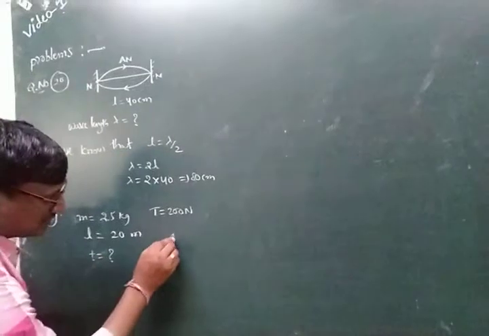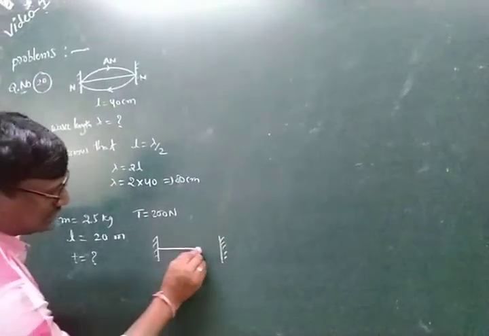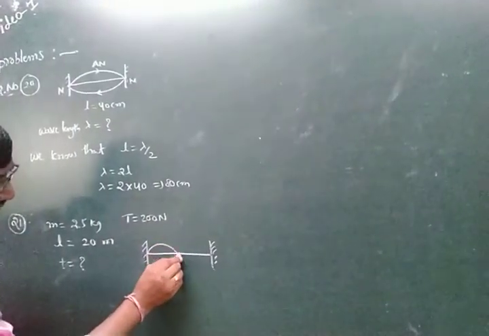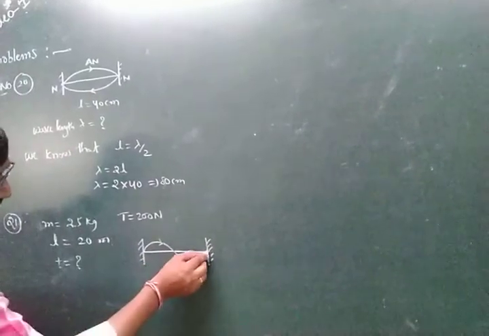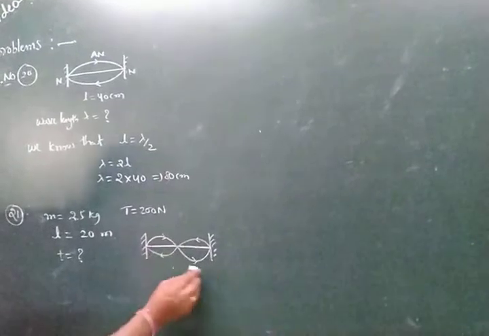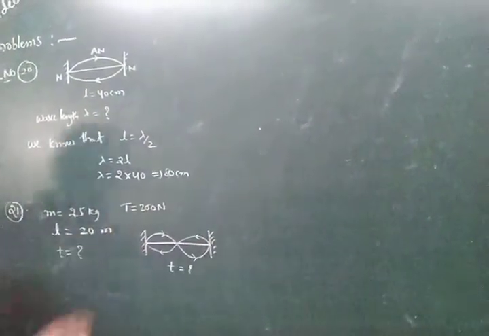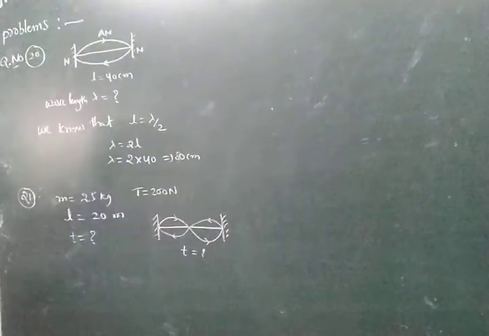Again, we can say this is rigidly supported. Now this is the string. The jerk means the transverse waves are generated here. This is the incident wave and it will be the reflected wave. We have to find how long it takes to reach from one end to the other end.